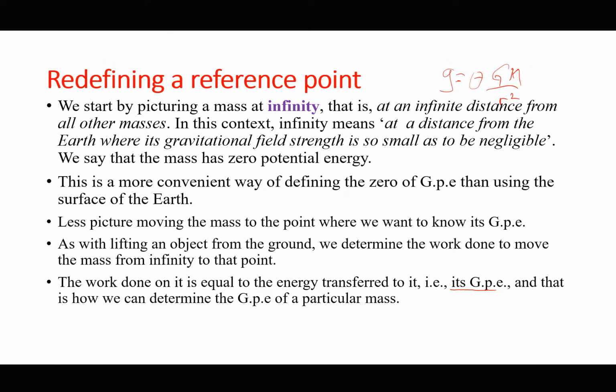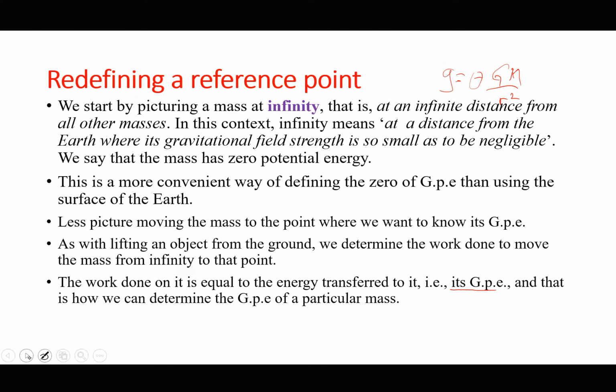Its gravitational potential energy is the work done. And that is how we can determine the gravitational potential energy of a particular mass. So we always picture moving a mass from infinity to a certain point. The work we do in moving it from infinity to that point is the energy transferred to that mass, which is going to be the gravitational potential energy.